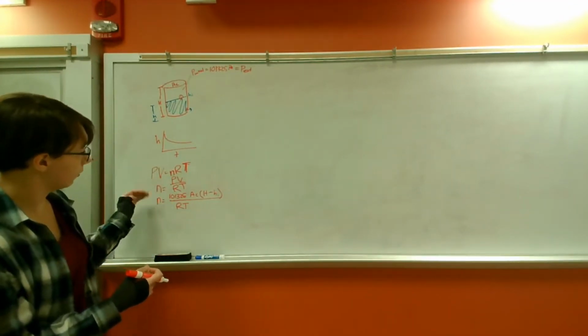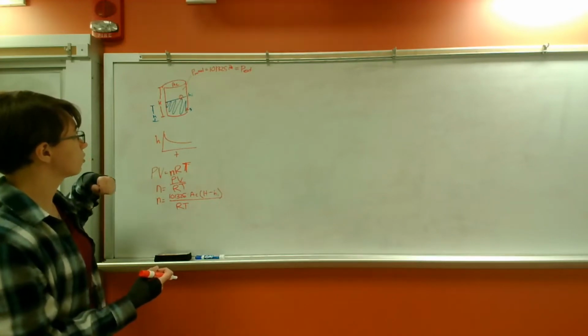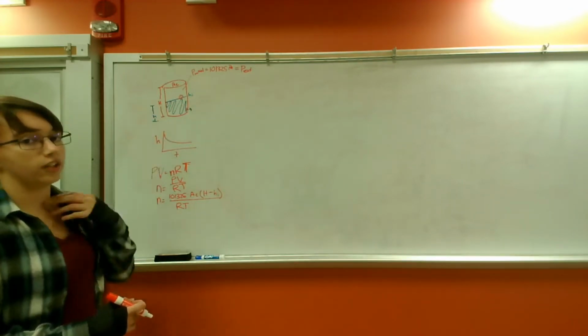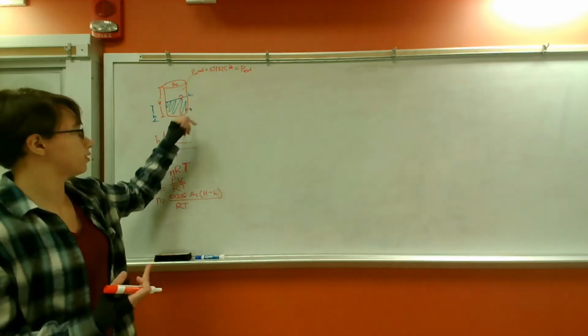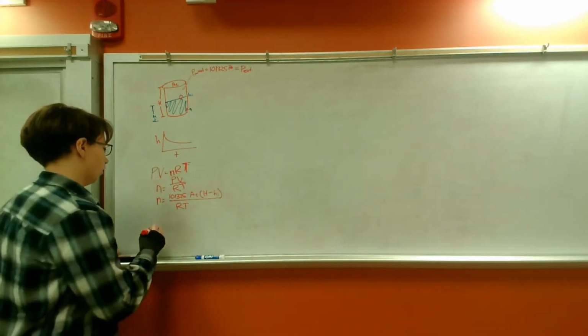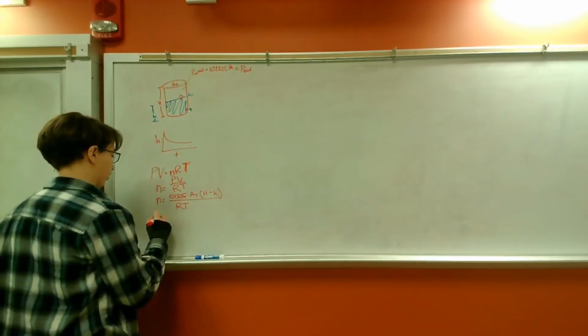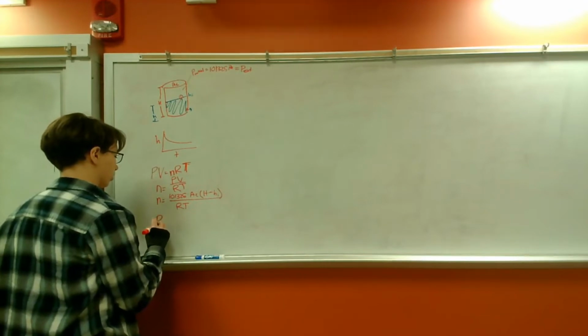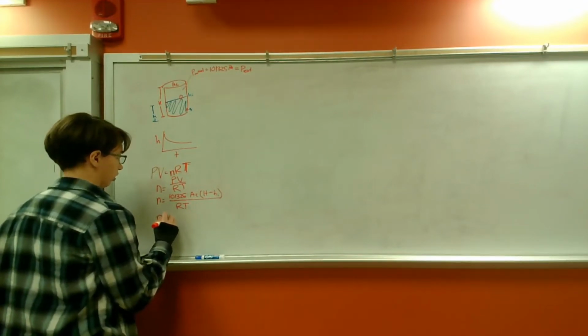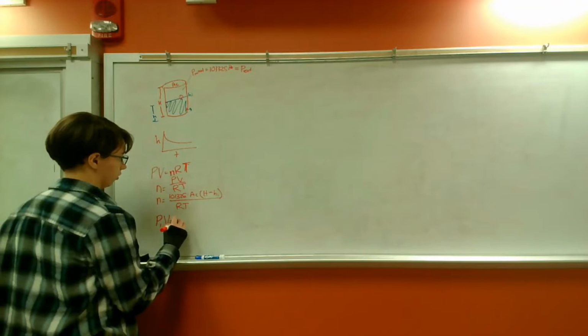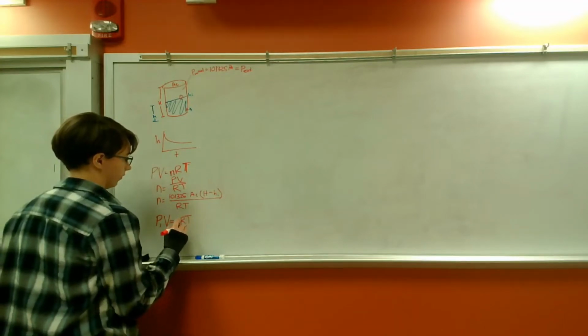So we can go ahead and plug this right back into the ideal gas equation, but this time we're going to be looking specifically at position 1. So for that, we have that the pressure at 1 times the volume is equal to nRT.